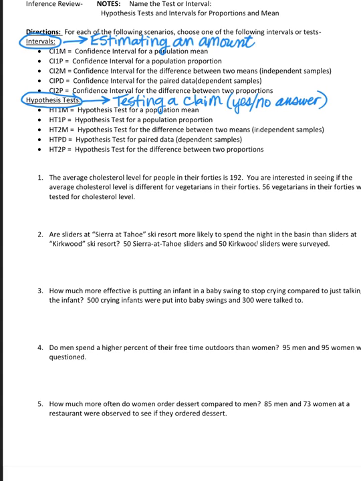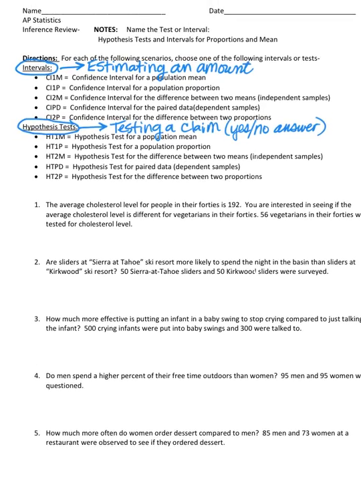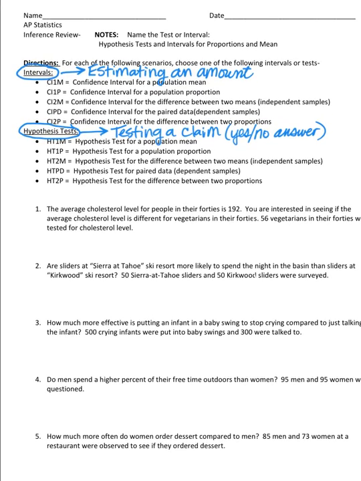Now, the next thing we want to talk about is how you tell the difference between if something is a mean versus a proportion.